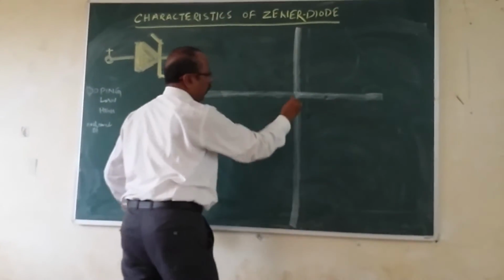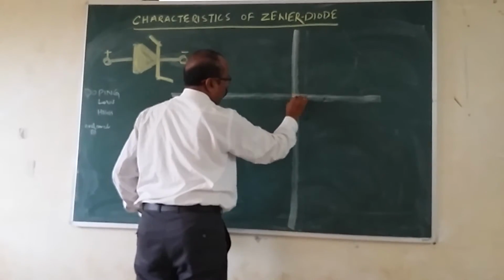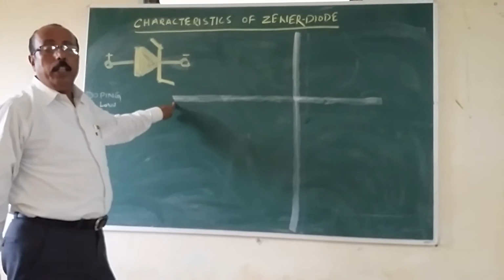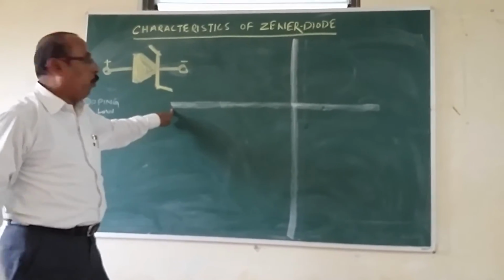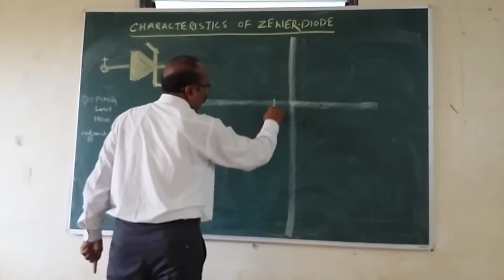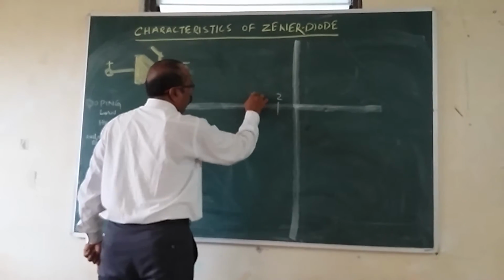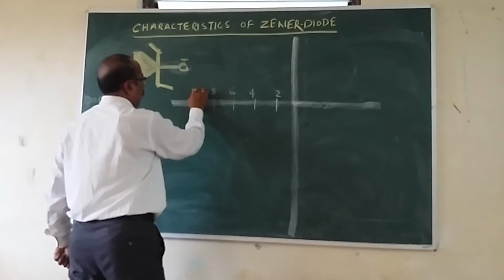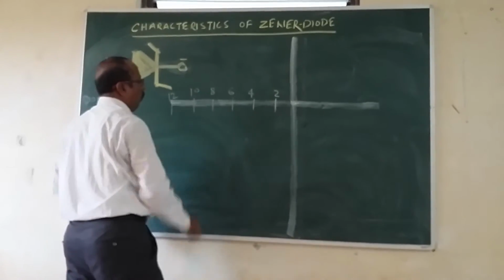It has this 0 point, and the range of voltage is up to 10 to 12 volts. That means 2, 4, 6, 8, 10, 12.